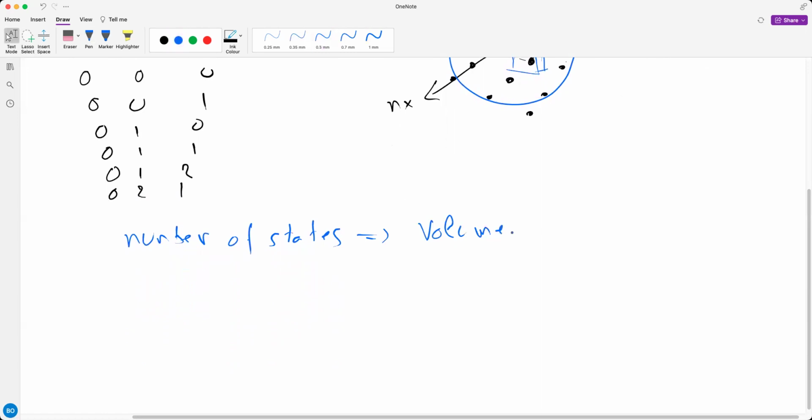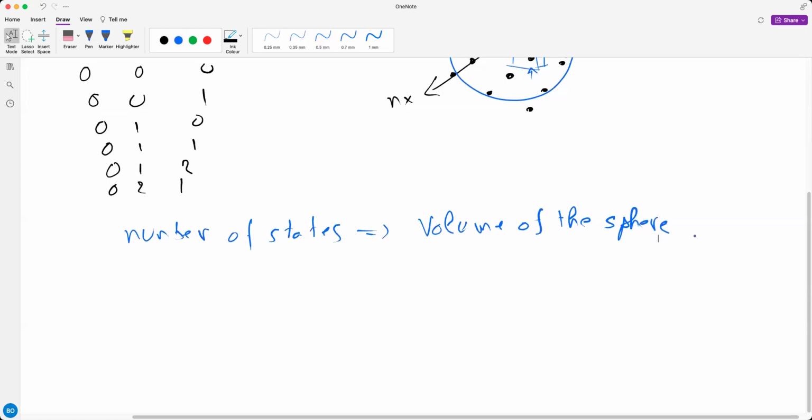Why? Because one cubic unit, one point, is equal to one energy state. So the total volume is the number of states.